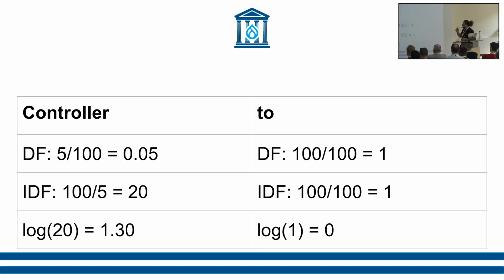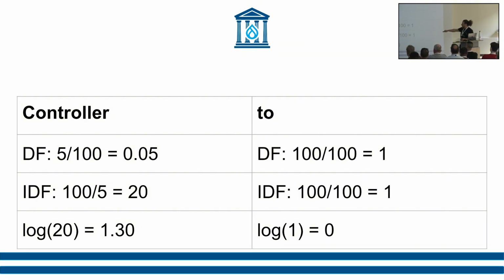So at the end, we'll have something like this. The document frequency here: the word "controller" is in 5 documents out of 100, so I get this score, while the word "to" is in 100 documents out of 100, so it gets score 1.